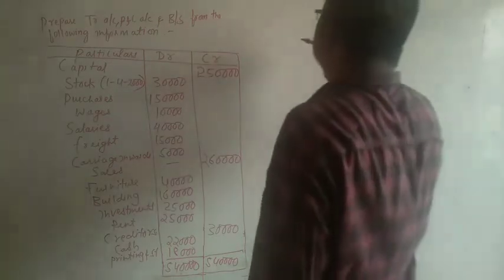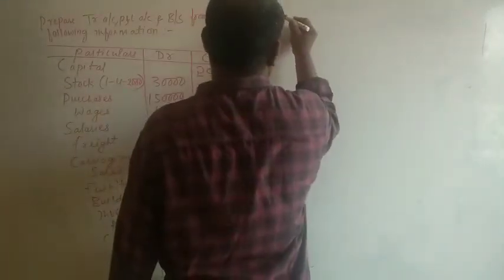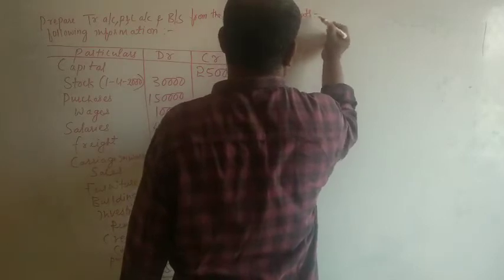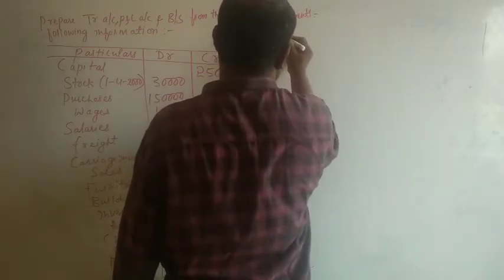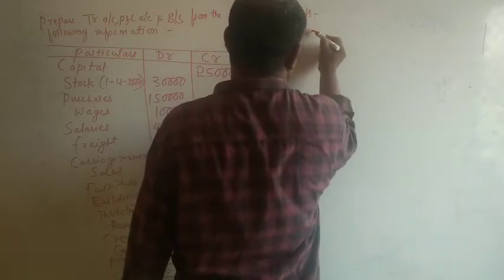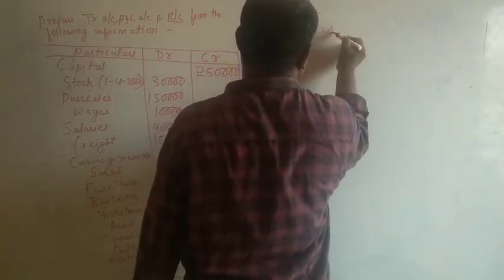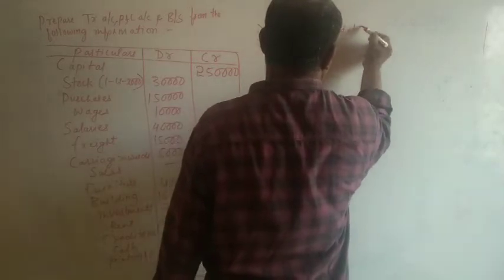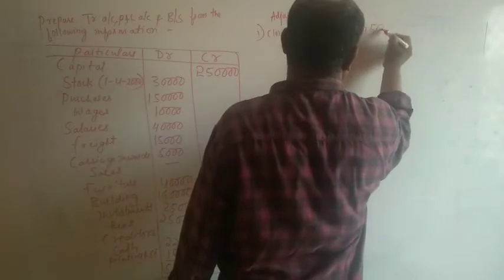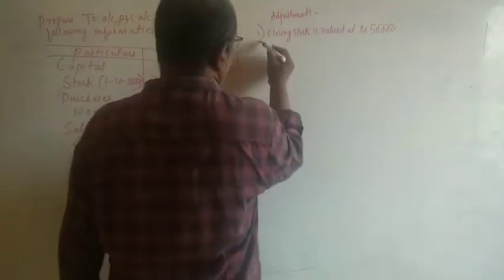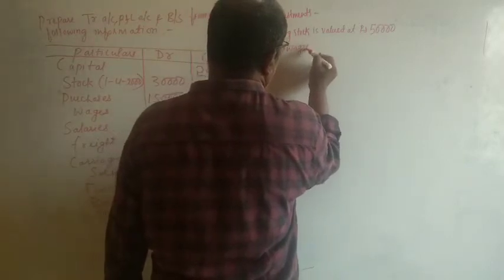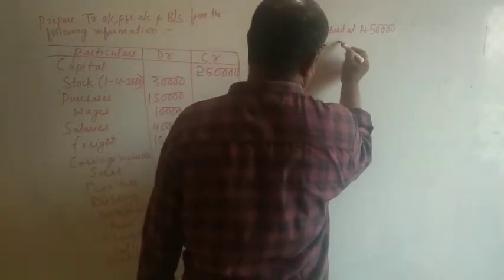Now the adjustments. First, closing stock is valued at rupees 50,000. Outstanding wages rupees 5,000.